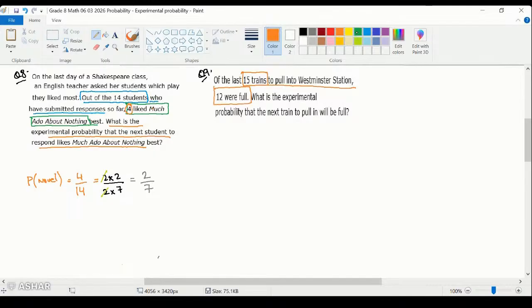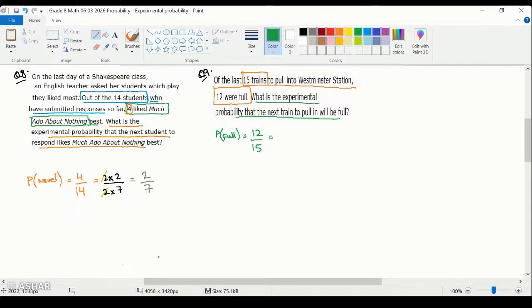What is the experimental probability that the next train will be full as well? We can say the probability of having a train that was full was 12 out of 15. Agreed?